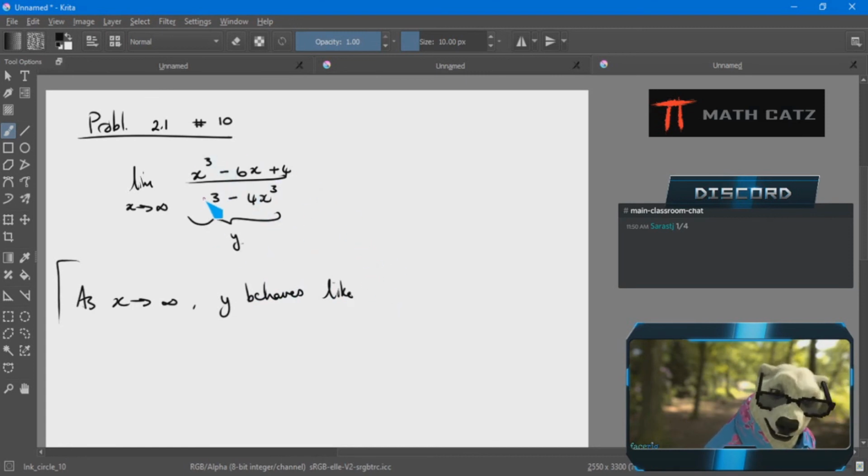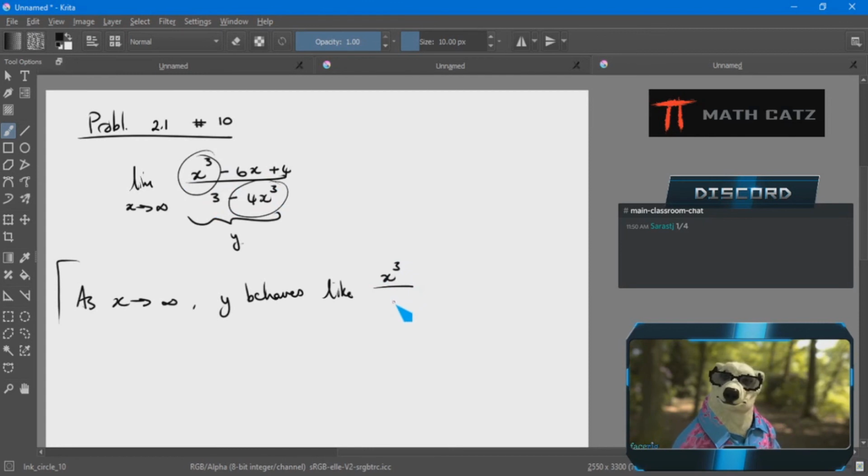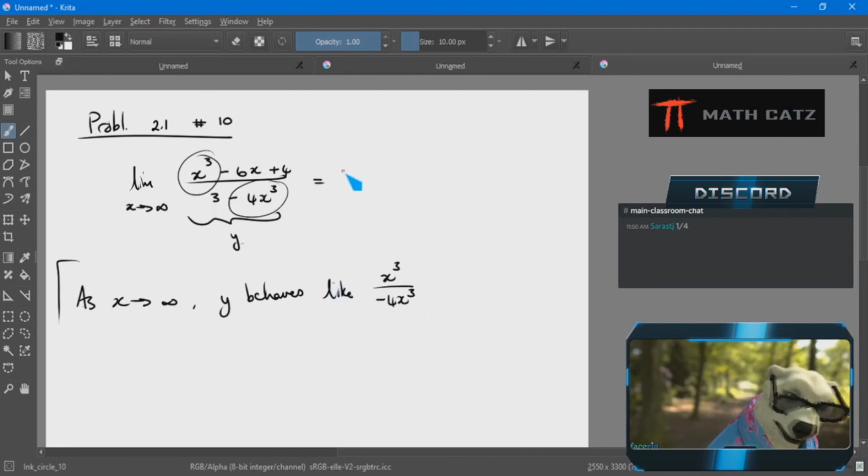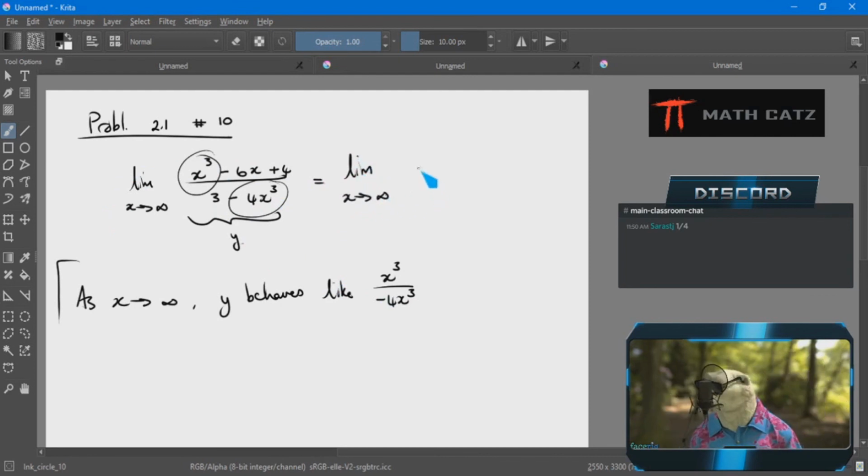And because it's a rational function, I look at the ratio of leading terms, and it behaves like x cubed. The top polynomial is dominated by its leading term because x is really big. Bottom polynomial, its leading term, it happens to be second, that doesn't matter, behaves like that. So now this is this exact same sentence. The behavior as x blows up of that function is the same as the behavior of x cubed over negative 4x cubed.